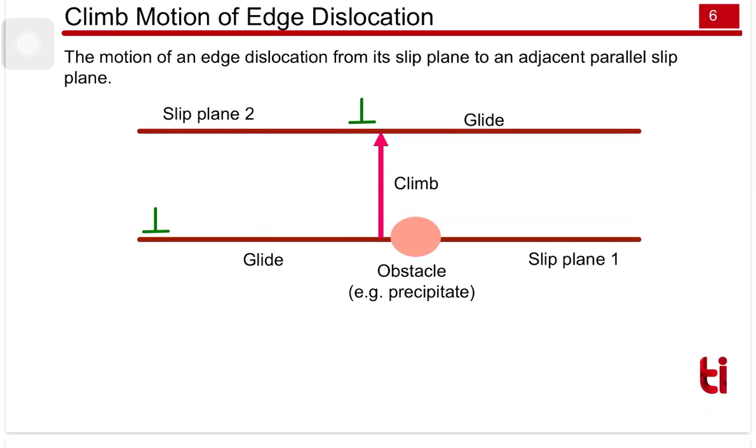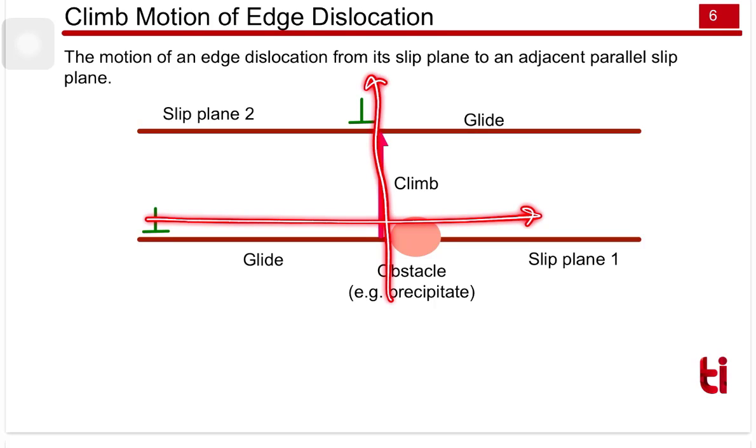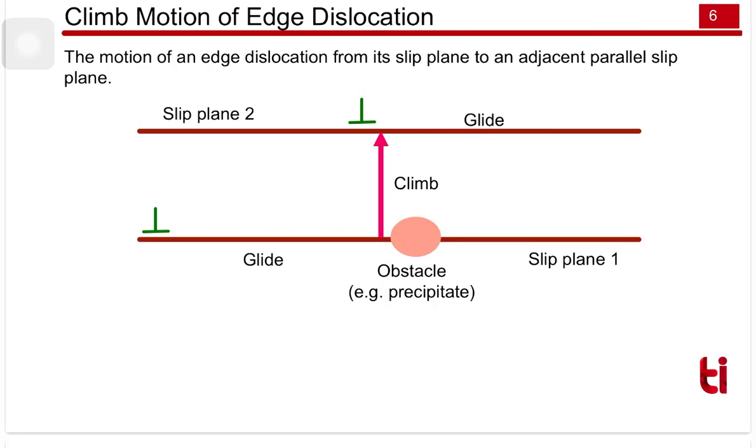The second kind of motion is the climb motion of edge dislocation. In this, the dislocation moves perpendicular to the slip plane. In glide, it will move like this. In climb, it will move like this. Initially it is on slip plane 1. When it moves perpendicularly upward or downward, it will definitely change its slip plane.